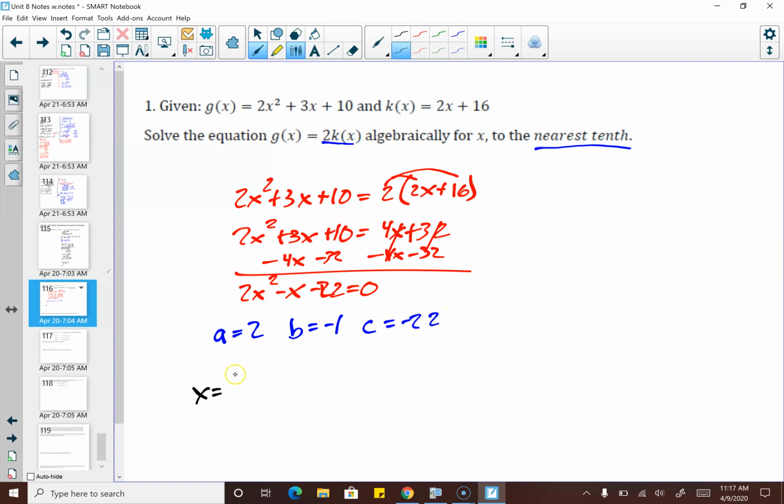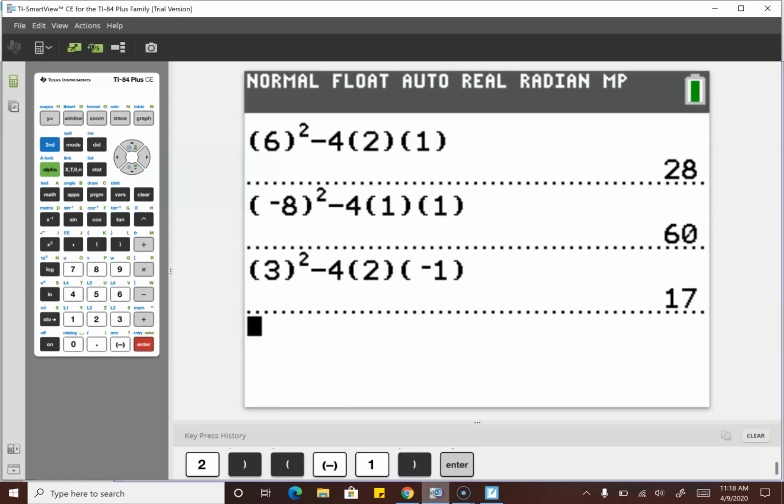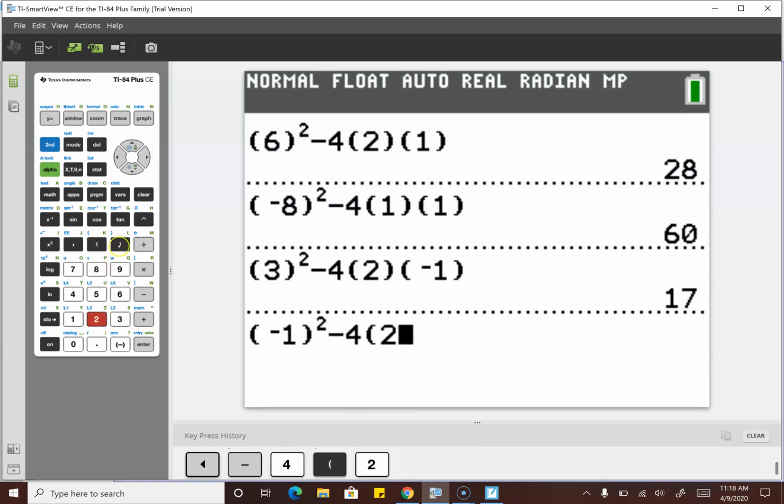x equals positive 1, plus or minus the square root of negative 1 squared, minus 4 times 2 times negative 22, all over 2 times 2. So let's see what we got here. Negative 1 squared, minus 4 times 2 times negative 22.